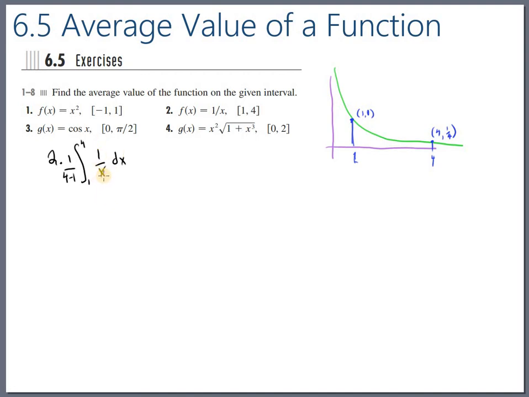So we know how to integrate. The 1/3 just sits there as a constant multiple, and when we integrate 1 over x, that integrates to the natural log of x. I'm evaluating that from 1 to 4.